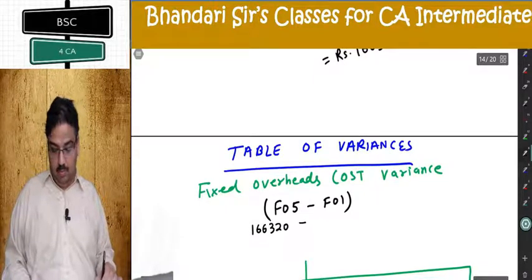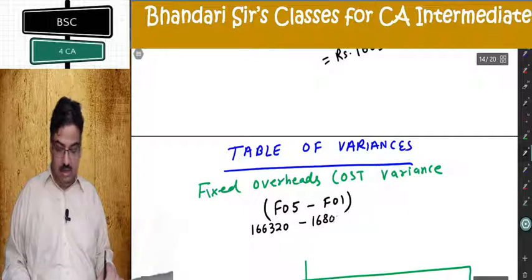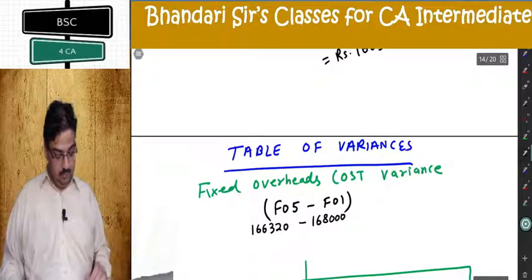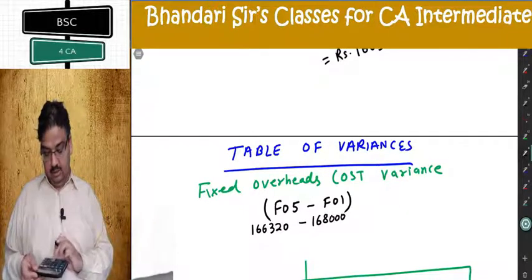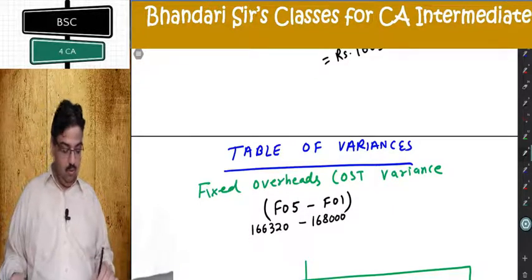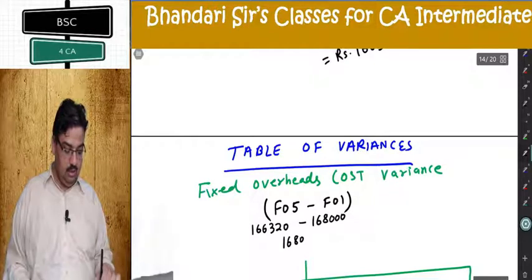So this I am getting: 166,320 minus 1,68,000, that is 1,680 adverse.